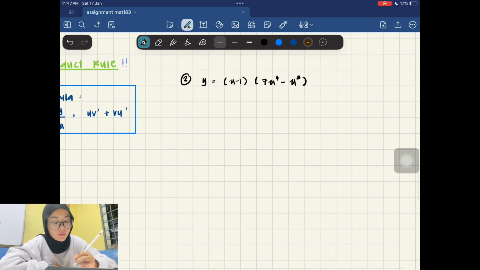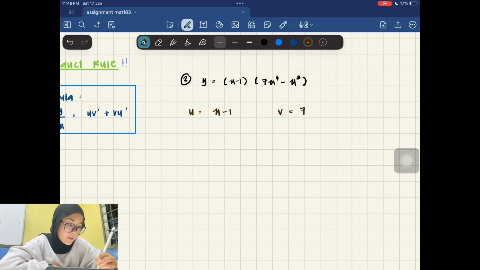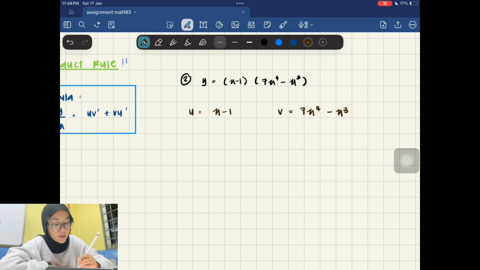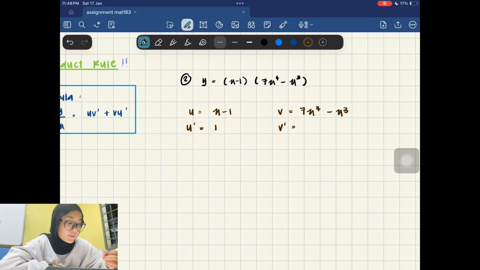Now I'm going to label u as x minus 1 and v as 7x to the power of 4 minus x to the power of 3. So now we will get u prime as 1 and v prime as 28x to the power of 3 minus 3x to the power of 2.